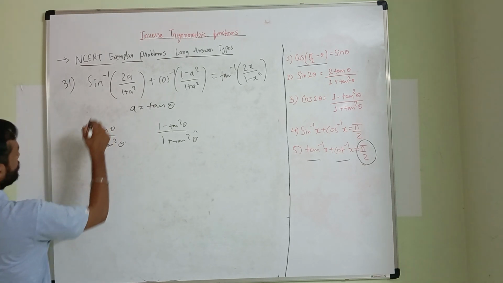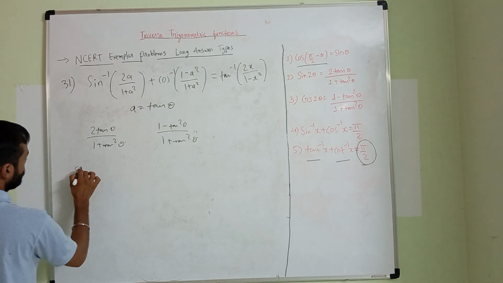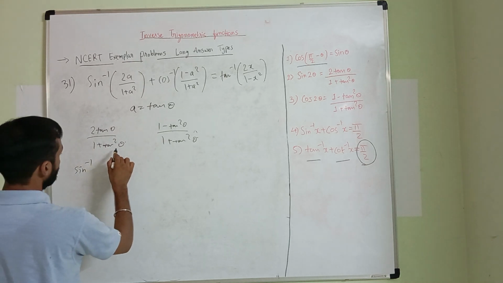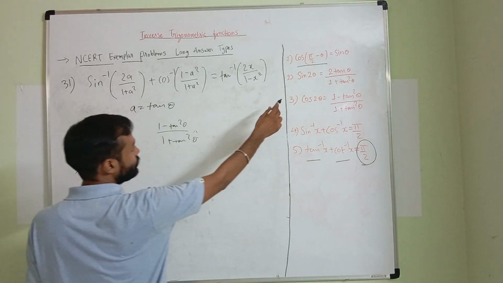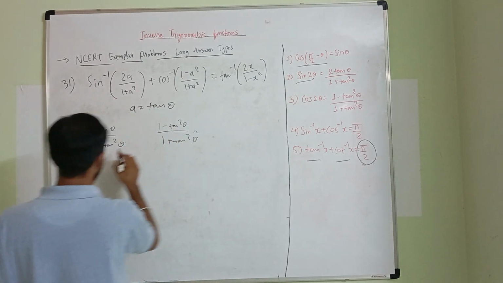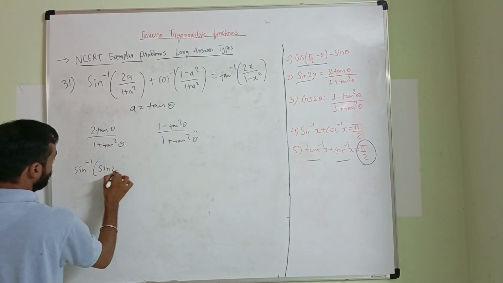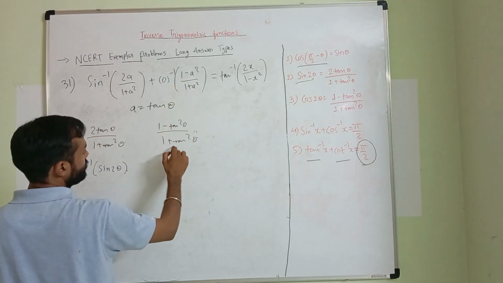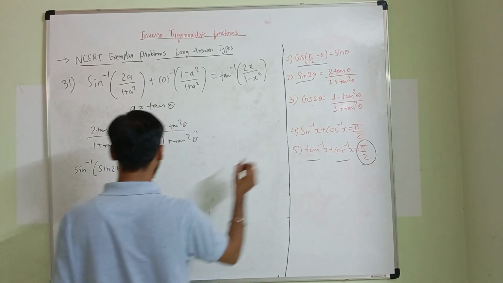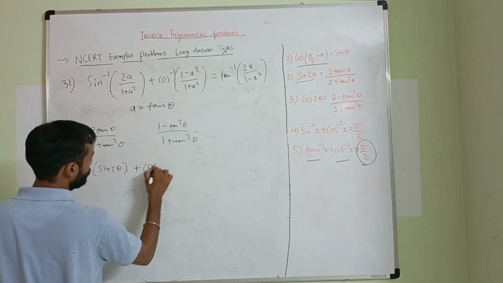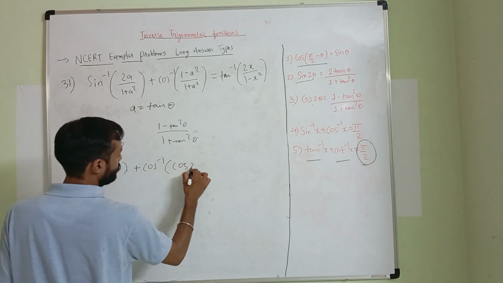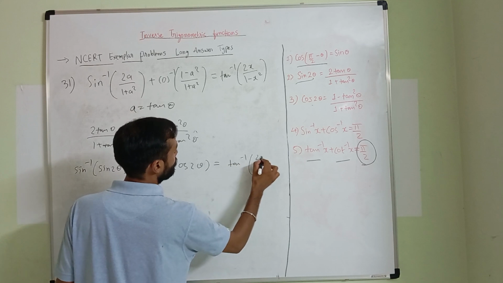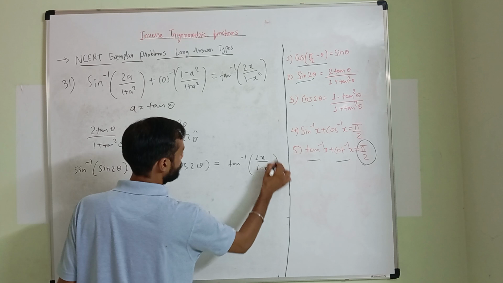So sine inverse of 2 tan theta upon 1 plus tan square theta will be sin 2 theta, and 1 minus tan square theta upon 1 plus tan square theta will be cos 2 theta. So cos inverse of cos 2 theta is equal to tan inverse of 2x upon 1 minus x square.